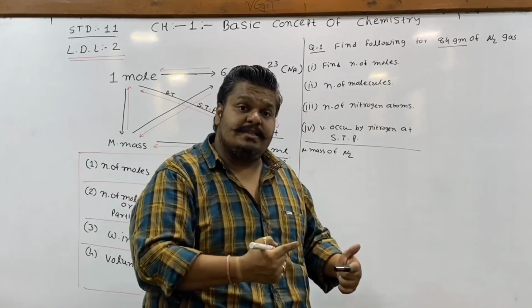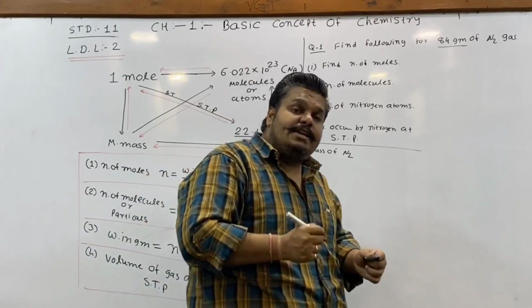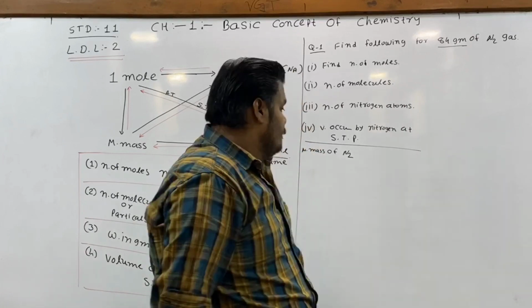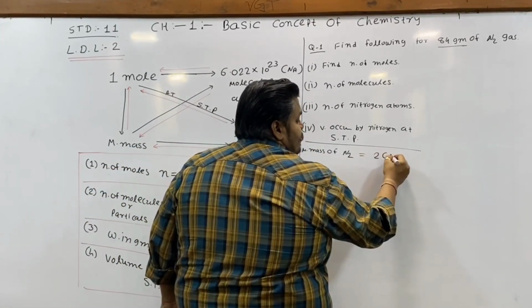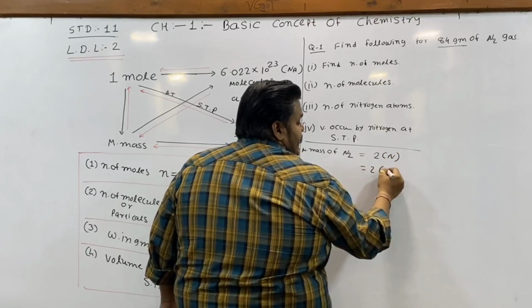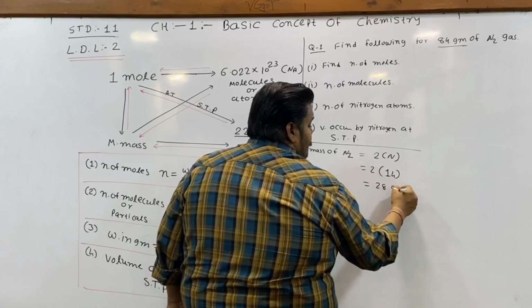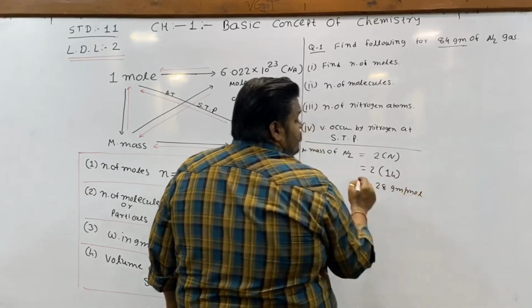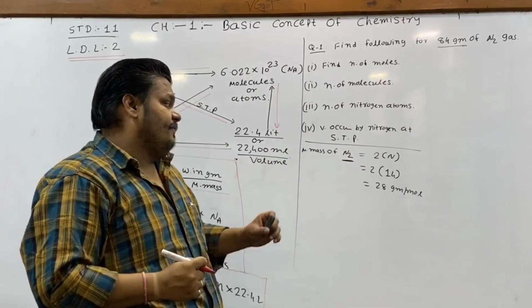Similarly, hydrogen gas is not H, it is H2. Chlorine gas is not Cl, it is Cl2 in molecular form. So nitrogen in molecular form is N2, so that's why there are 2 nitrogens. The atomic mass of nitrogen is 14, and 14 times 2 is 28 gram per mole, the molecular mass of nitrogen.